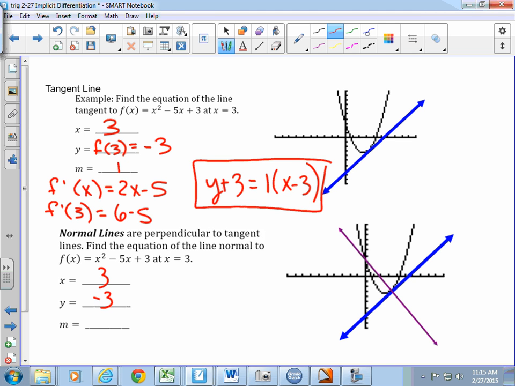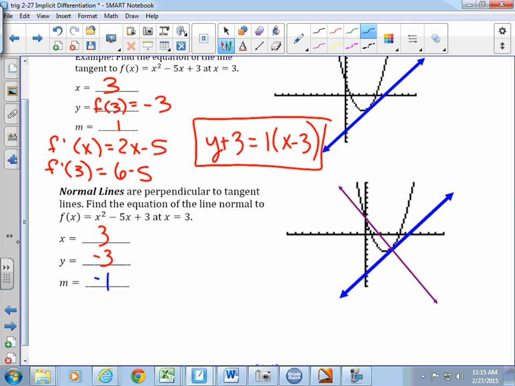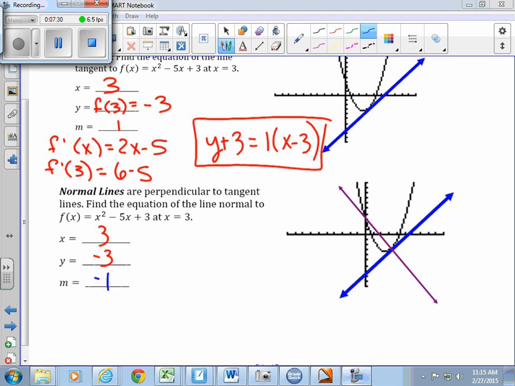I just changed the slope to be what? Negative 1. Opposite reciprocal. Perpendicular lines, you change the sign and you flip it. Does that make sense? Change the sign and flip.